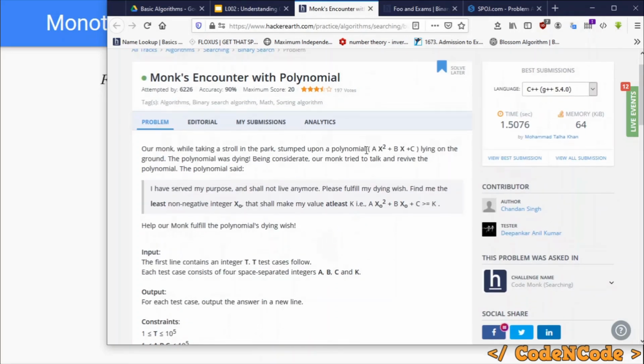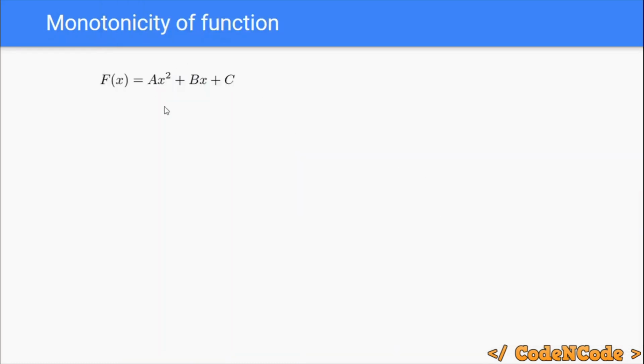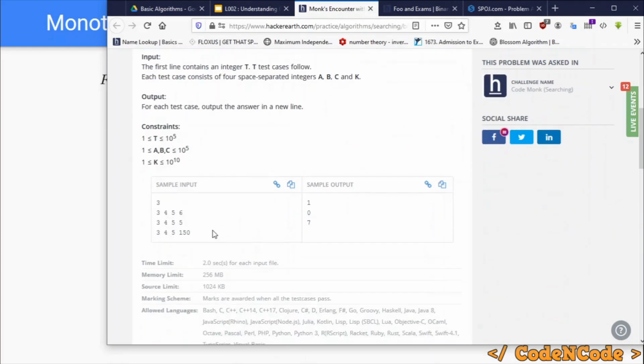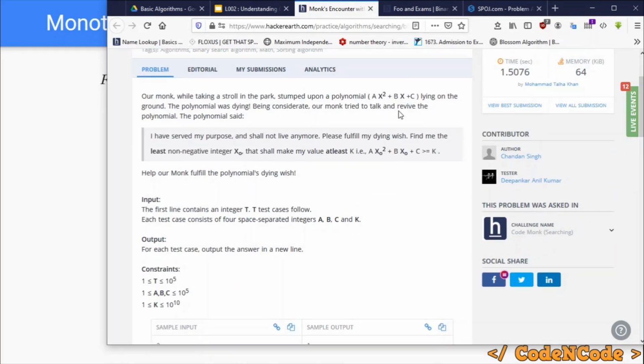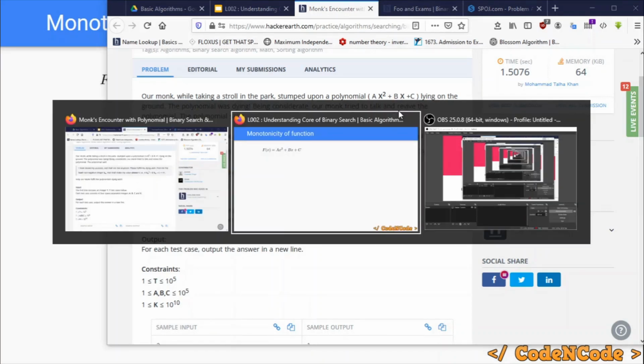Now we have to find the smallest integer x such that ax square plus bx plus c is greater than or equal to k. This function is actually a monotonic function. The function is a quadratic function, and the input values a, b and c are strictly positive.